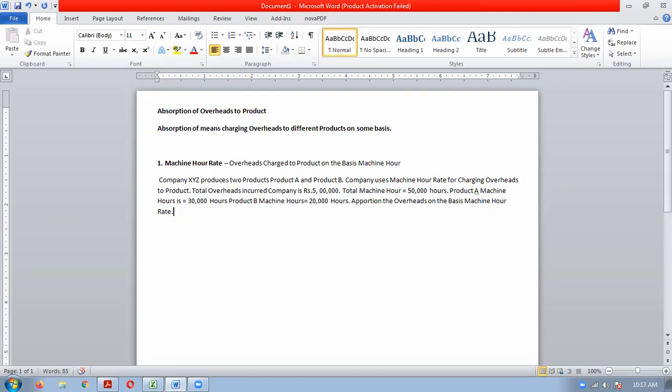So how we can allocate? Simple. Total overhead is how much? 5 lakh. Total machine hour is how much? 50,000. So overhead rate per machine hour will be total overheads divided by total machine hours.